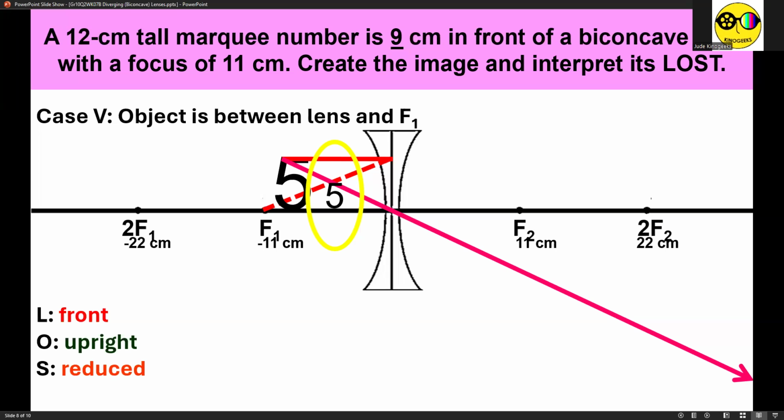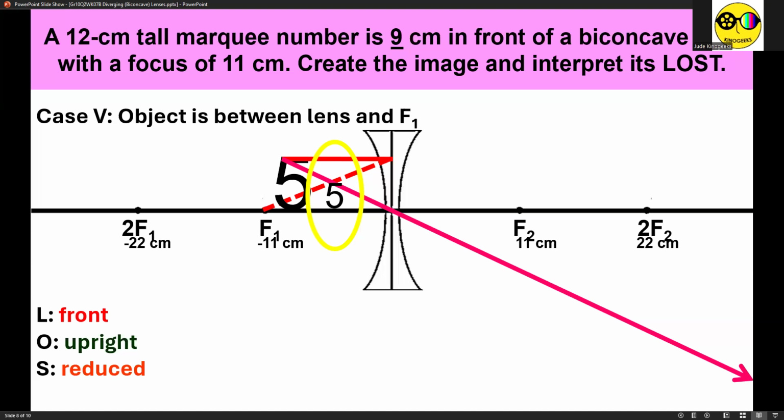And finally, for the type. Okay. So a lot of you are wondering what will be our final answer for the type because this is the first time that we have an intersection between one solid line and one broken line. So remember, we answer real if two actual light rays intersected, while we answer virtual if two imaginary light rays intersected.